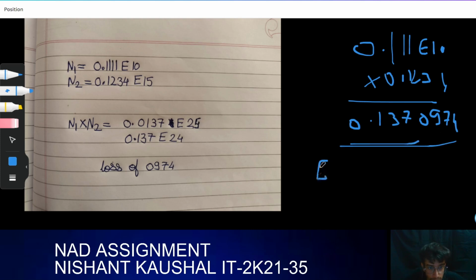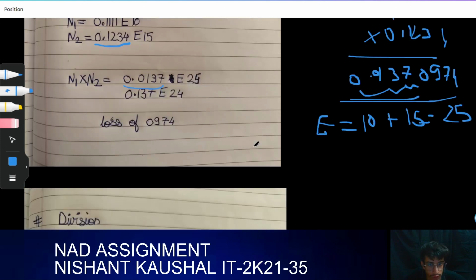And the exponential term will be 10 plus 15, which will be 25, right? Now we will write only 4 digits, because we have to follow the Mantissa rule, right? Here the max significant digits are 4, so we have to write 4 significant digits.